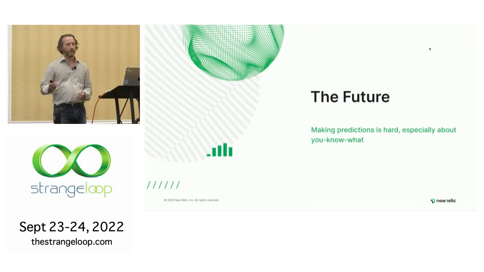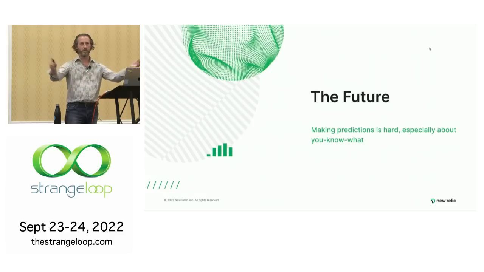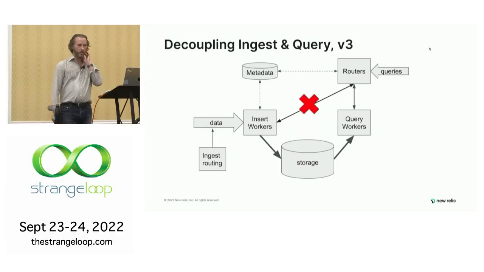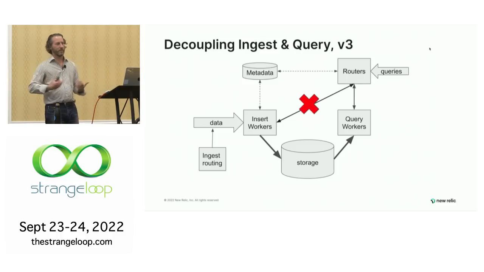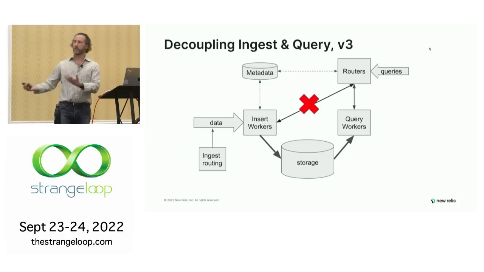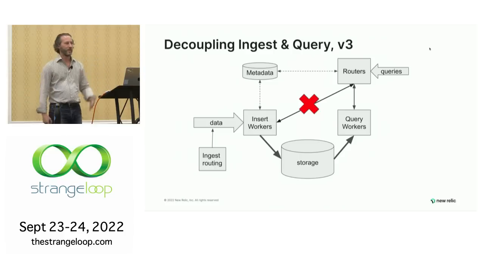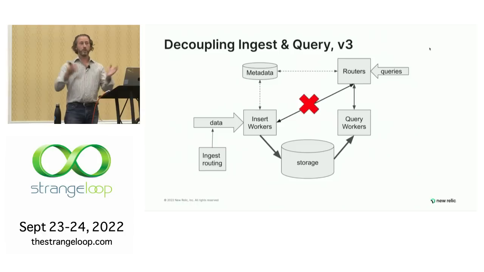And just a few thoughts about where we're going with this system, kind of future steps. One thing that potentially has been bugging some of you is this line through the middle of the diagram. Because I've been talking about decoupling ingest and query, and if you look at that, you say, well, there's a line in between ingest and query. So while we had largely decoupled ingest and query, we've never done it quite 100%.